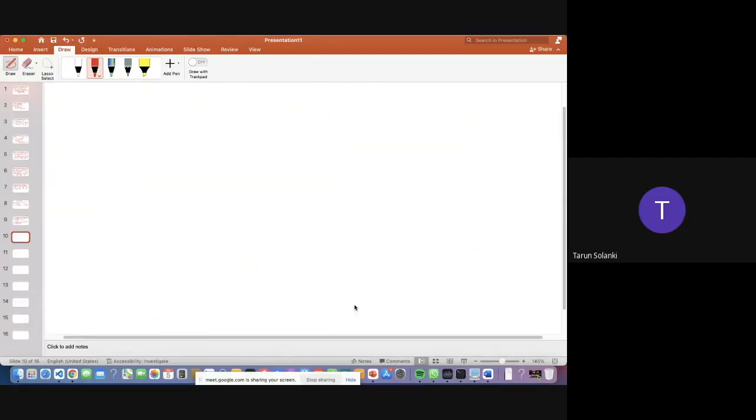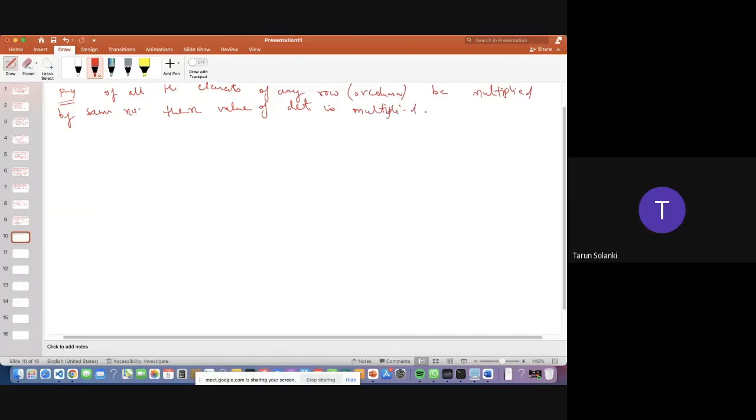Okay, so next is property fourth. If all the elements of any row or column are multiplied by the same number, then the value of the determinant is multiplied by that number.